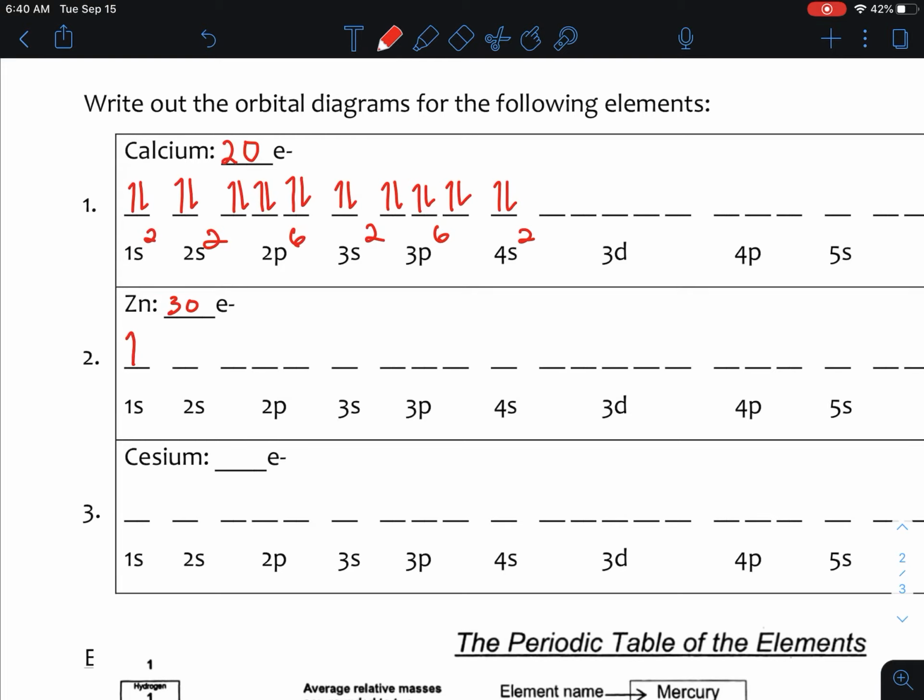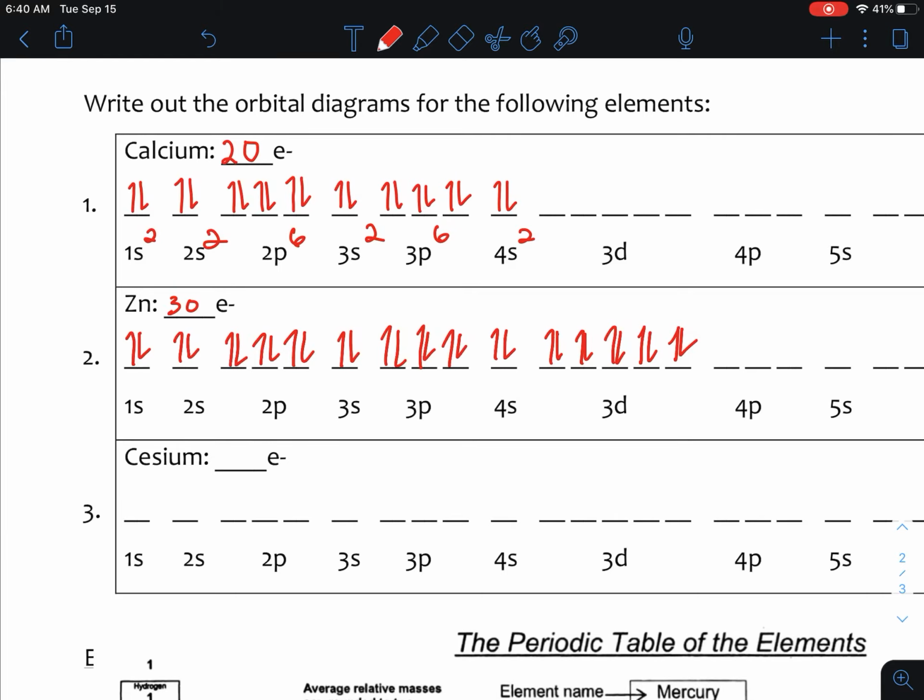And you have 1, 2, 3, 4, 5, 6, 7, 8, 9, 10, 11, 12, 13, 14, 15, 16, 17, 18, 19, 20, 21, 22, 23, 24, 25, 26, 27, 28, 29, and 30.